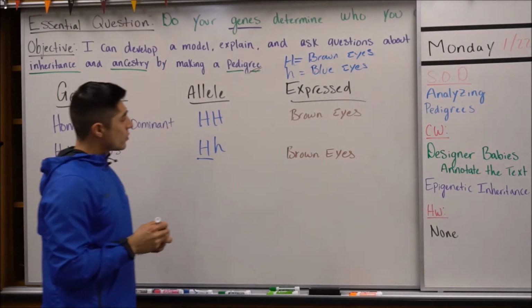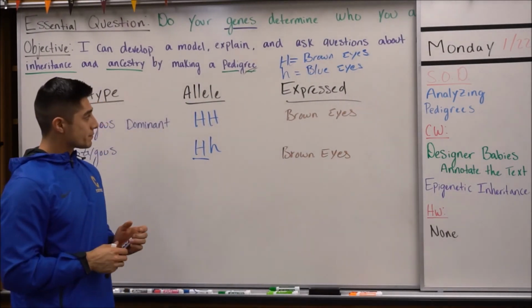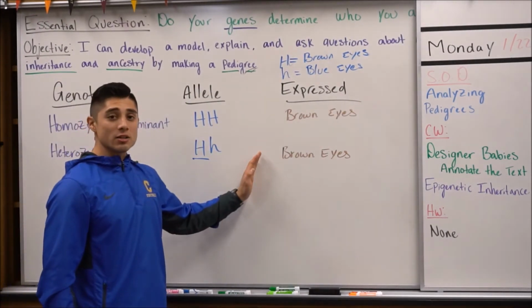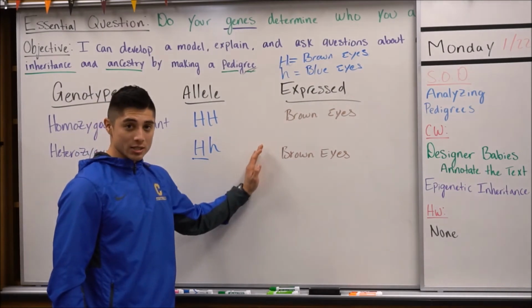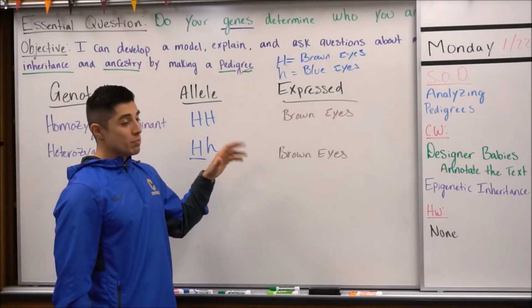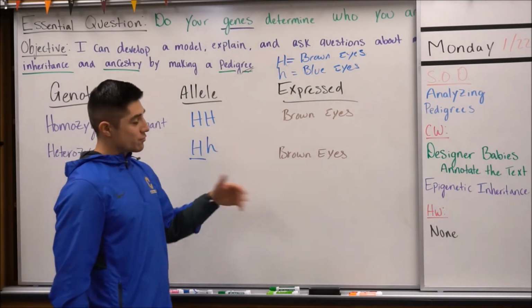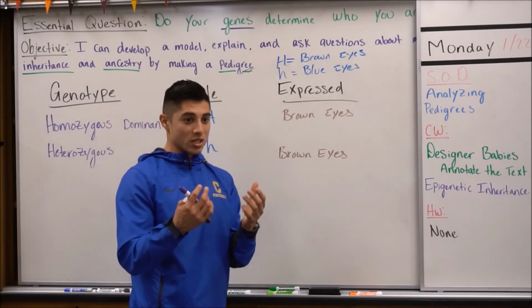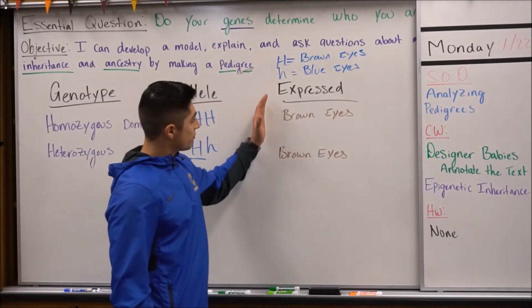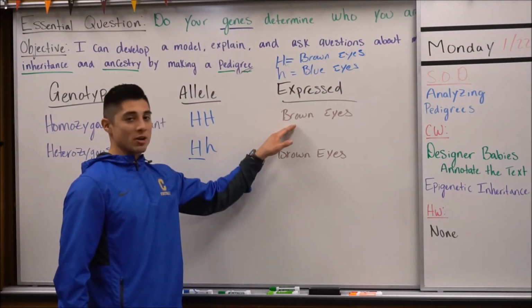We could also say that the trait the individual is expressing would be its phenotype. Remember, phenotype is what you see, the physical appearance. The phenotype of this individual is brown eyes.